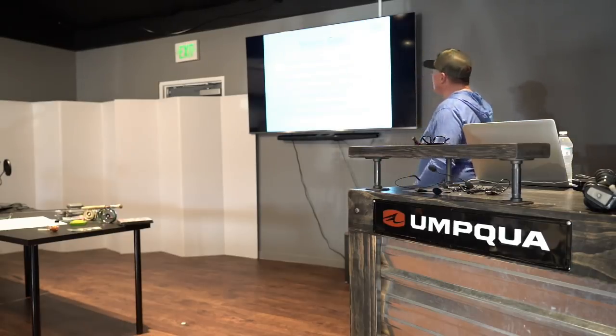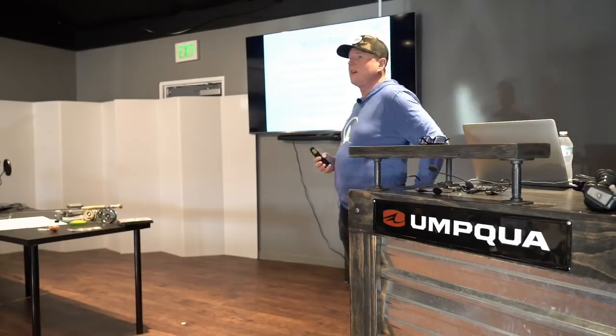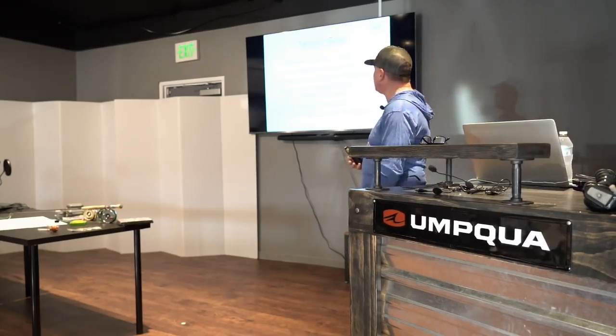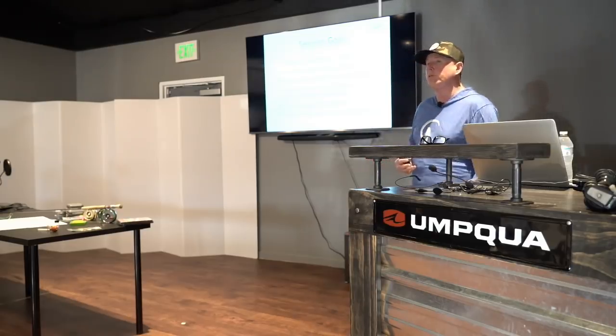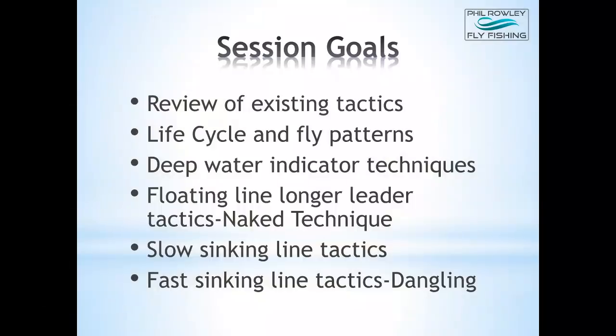Okay, so what we're going to talk about, from a basis point, is just sort of review the existing tactics most people I see use today in my travels around North America with chironomid fishing. We're going to spend a fair bit of time talking about the life cycle of chironomids and the relationship for fly patterns, because that's always important, what flies to use. We're going to talk about indicator techniques and then go into deep water indicator techniques.